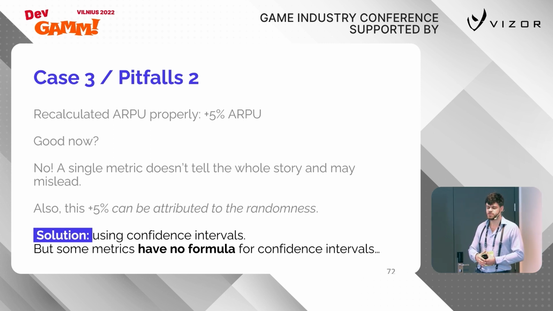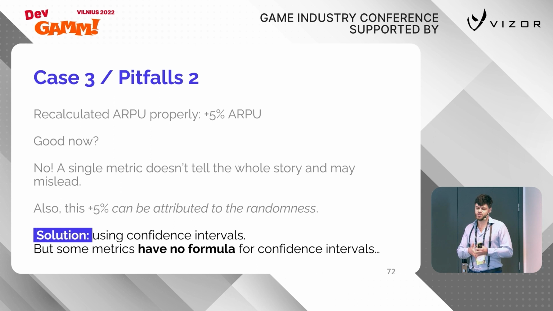But if you look at how long a player stays on level 1 in our game, or how much money a player leaves on average between level 1 and level 10, and other very fine-grained metrics that we sometimes use, they don't have explicit formulas.